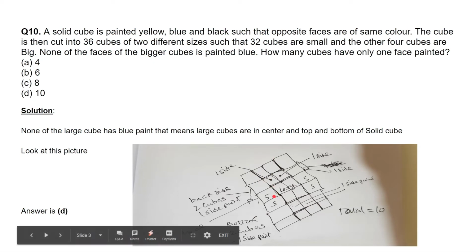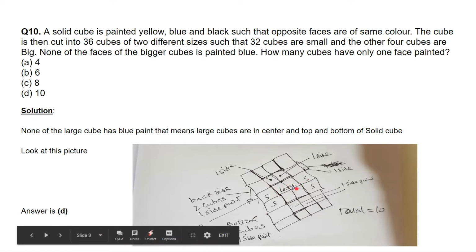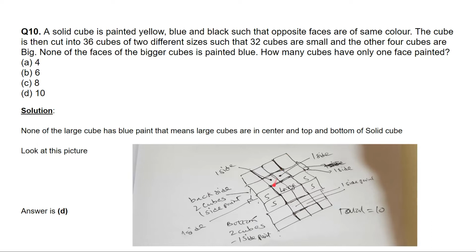If you look at this picture here, I can see the smaller cubes are at the sides and the large cubes are at the center. So the question here is to find the number of cubes which have only one face painted. I can see these two cubes on the top of the cube which have only one side painted.